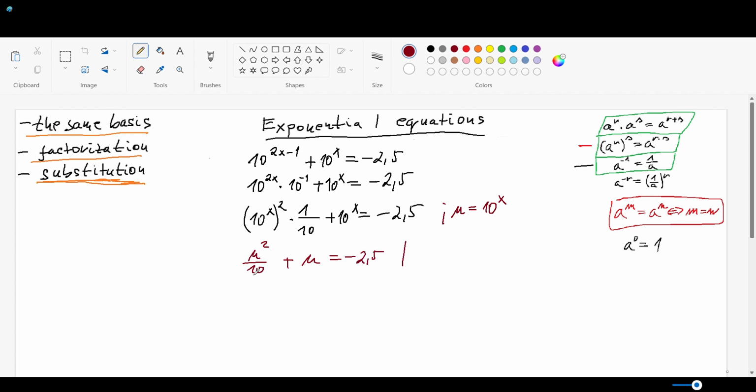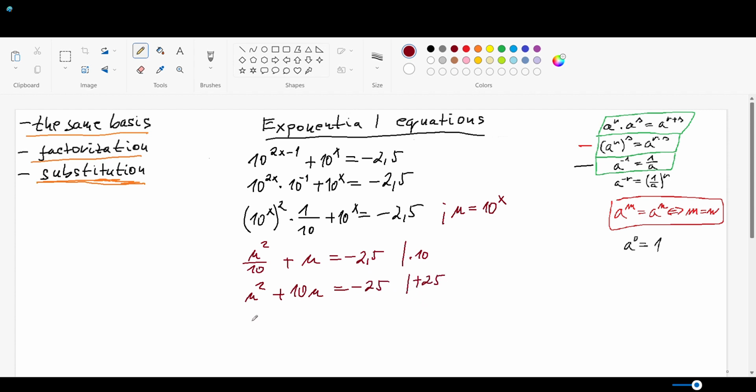Now we want to get rid of the fraction, which means we multiply both sides of the equation by 10, and you can realize that it's going to be really okay, because it will come as an integer, and it's going to be -25.